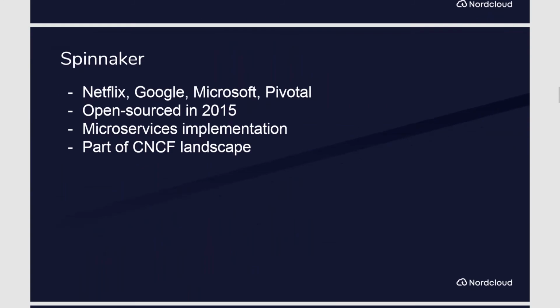So let's talk a little bit about Spinnaker and its history. This was originally started by Netflix. They had an old deployment mechanism called Asgard, but they saw the need to rewrite that, and they started to work on this like 4 or 5 years ago, and the solution was open sourced in 2015.